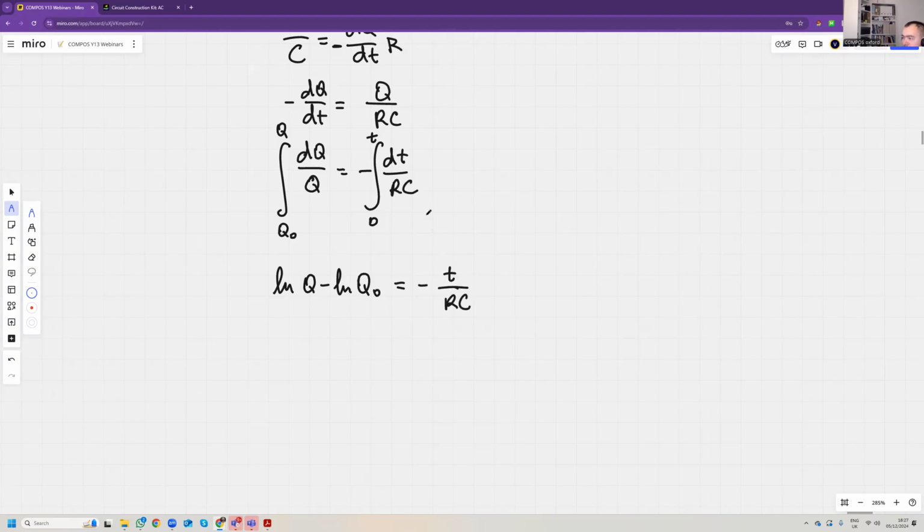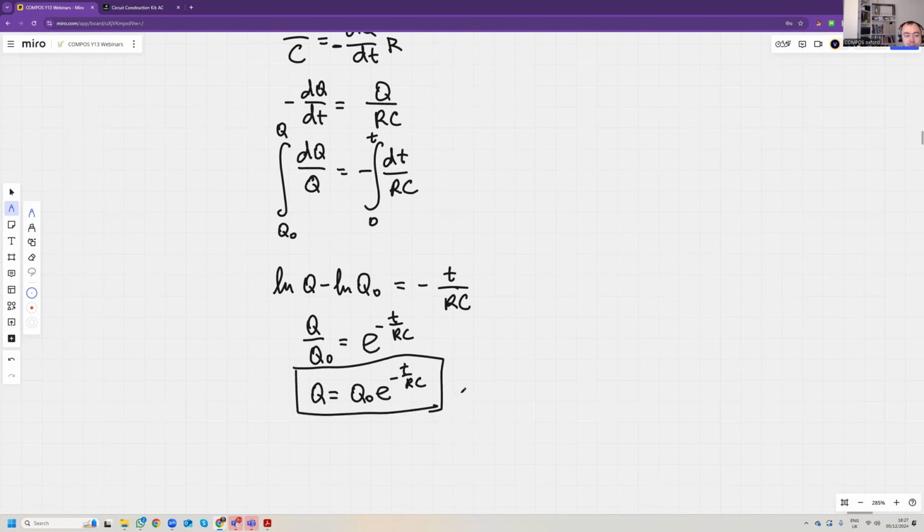I hope you're comfortable with integration, and I don't need to explain anything further. So Q over Q0 is e to the power minus t over RC, and then Q equals Q0 e to the minus t over RC. That is the formula for the discharge of a capacitor.